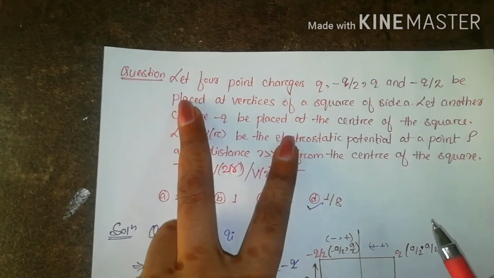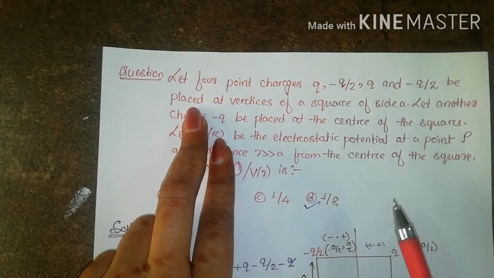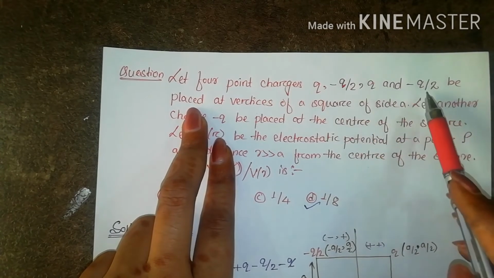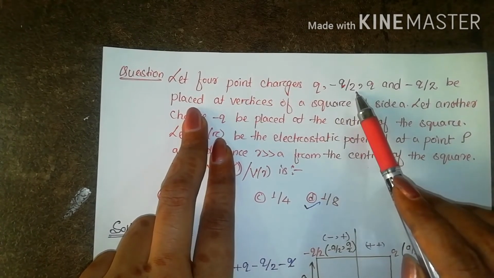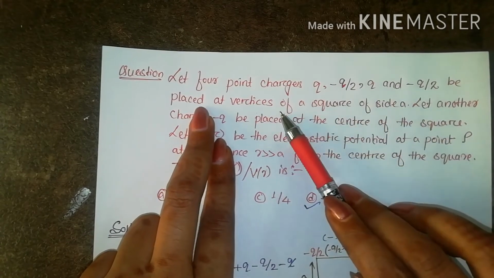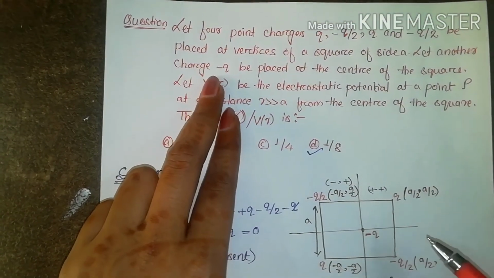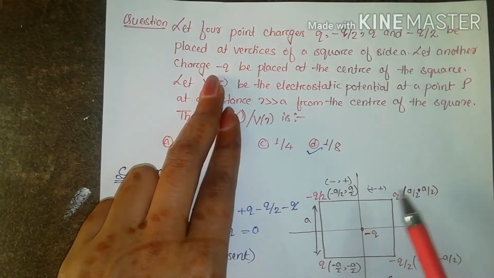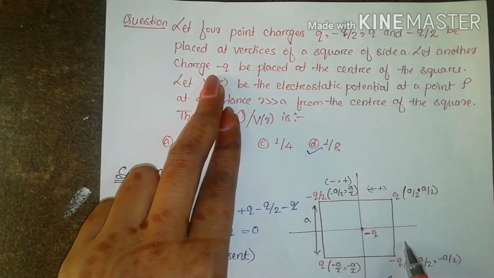So here we are given that we have 4 point charges: minus q by 2, q, minus q by 2, and q, meaning 2 q charges and 2 minus q by 2 charges, and these are placed at the vertices of a square whose side is a. These are the 4 charges placed at the vertices of the square whose side is a.